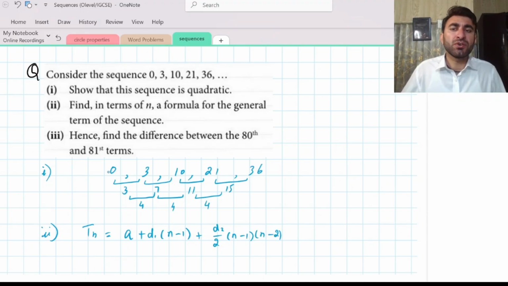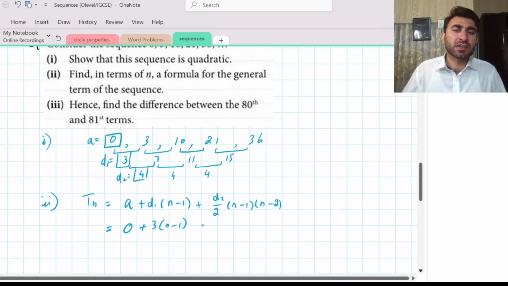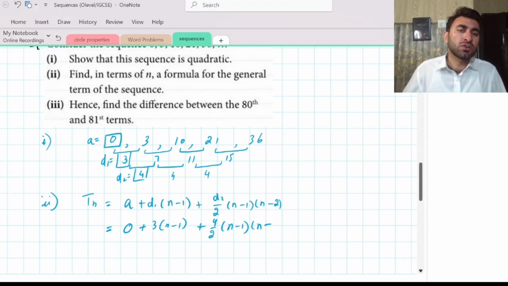Here a is the first value of the sequence, d1 is the first term of the first difference, and d2 is the first term of the second difference. So just replace the values over here. A was 0, plus d1 was 3 times n minus 1, plus d2 was 4 divided by 2 times n minus 1 into n minus 2.